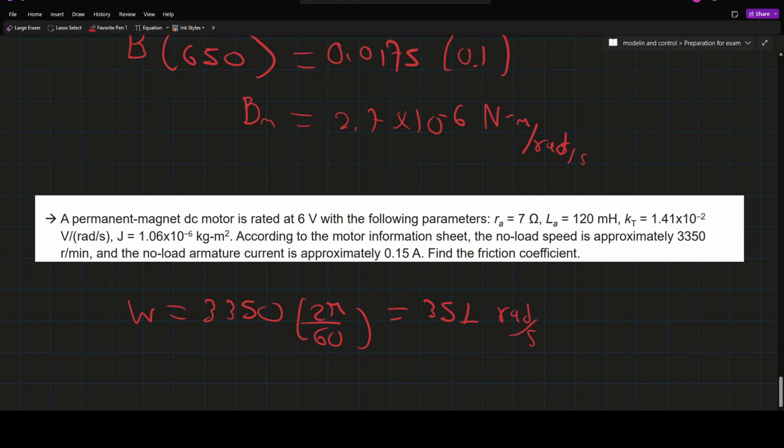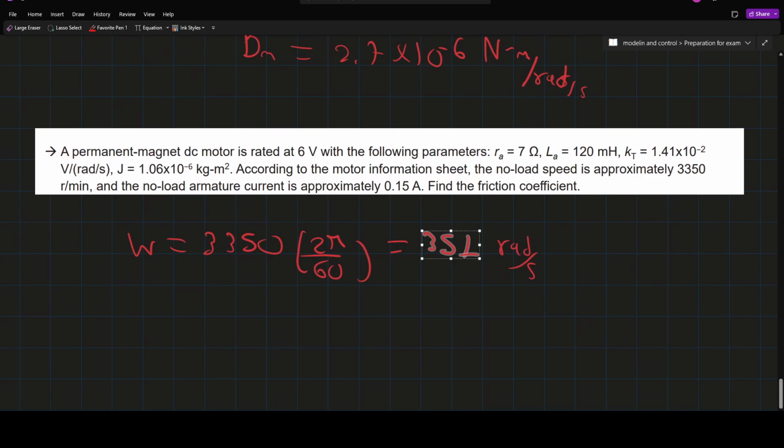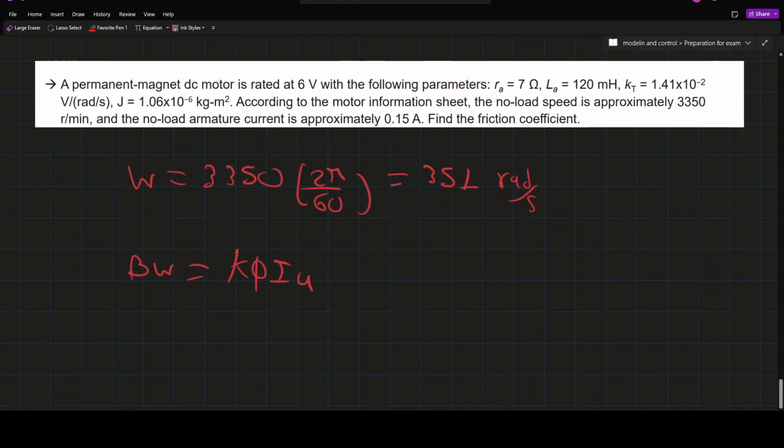So we know this is the speed at which there is no load, so whatever we are generating in torque might be for the friction. So we know that our friction coefficient at our speed is equal to K phi IA, a formula that is always there.